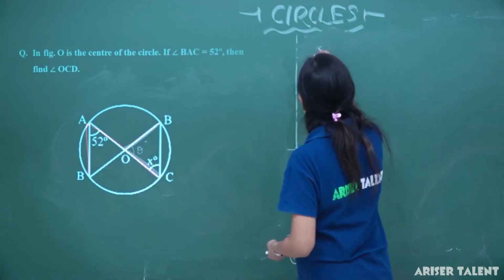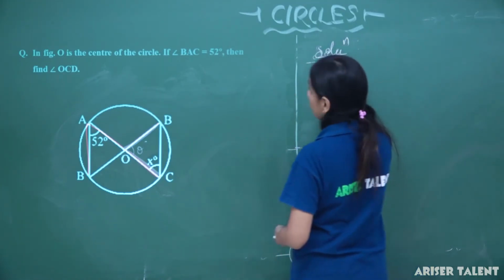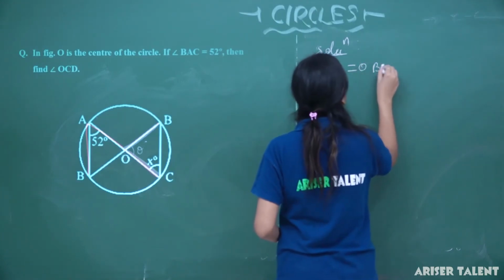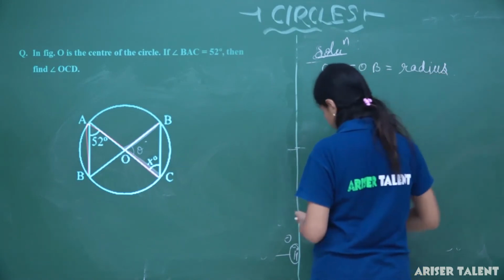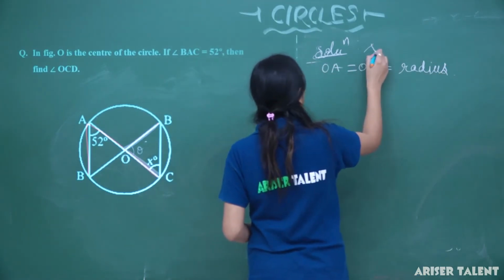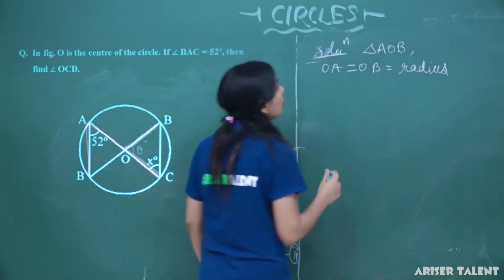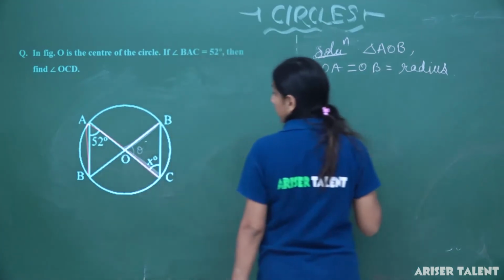So, I can directly write in the solution that OA equals OB equals radius, right, students? I am saying it in triangle AOB. In triangle AOB, OA equals OB equals radius, right?